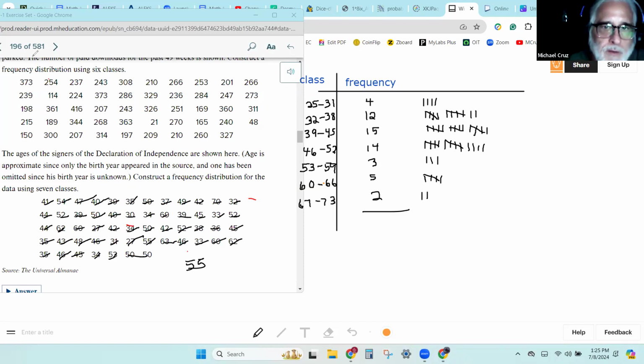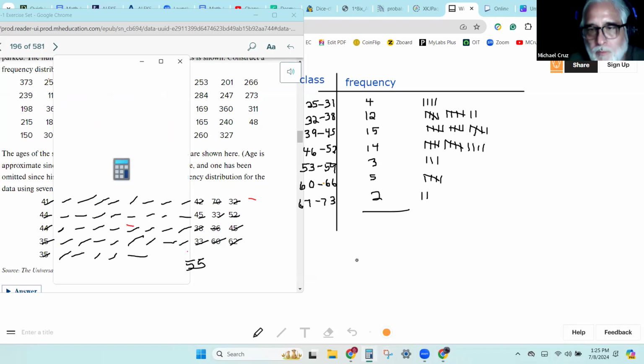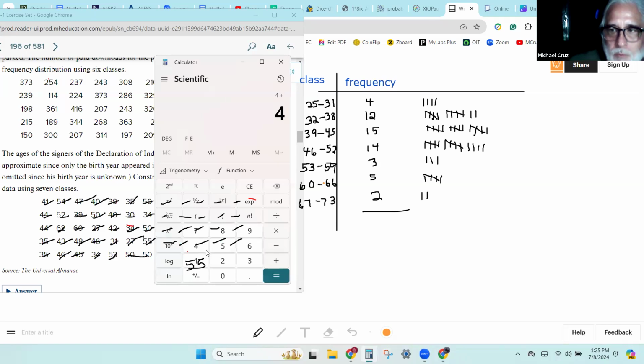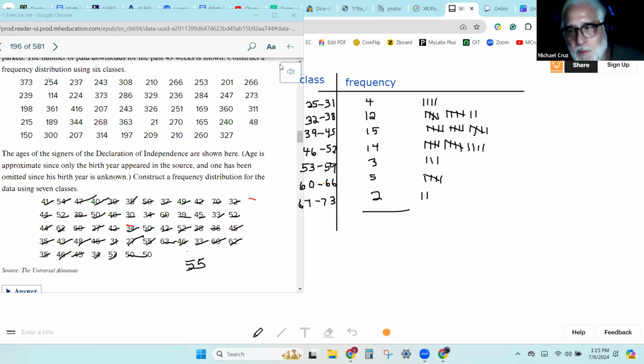And then if we've done everything correctly, four plus 12 plus 15 plus 14 plus 3 plus 5 plus 2. All right, good. That's good news when the numbers match.